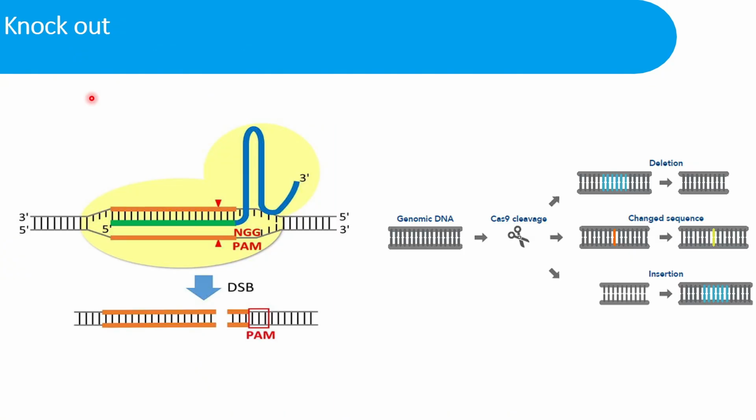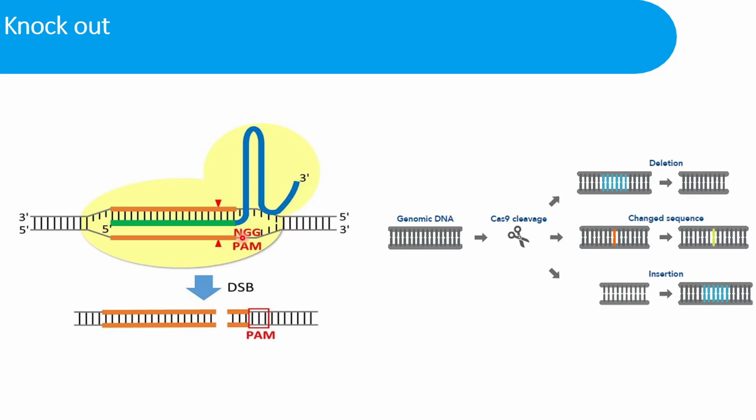One key application of CRISPR is gene knockout. This uses CRISPR to disable genes to study their function. As you can see here, this is the Cas9 protein, and this is the guide RNA. This guide RNA could guide the Cas protein to attach to the target DNA, and after that, the Cas9 protein could cut the DNA from the PAM site.